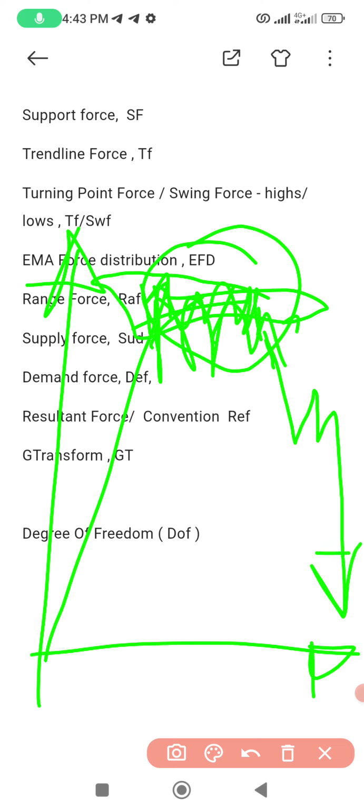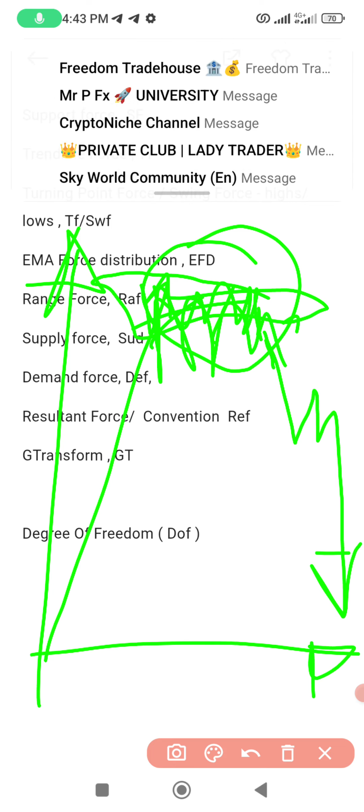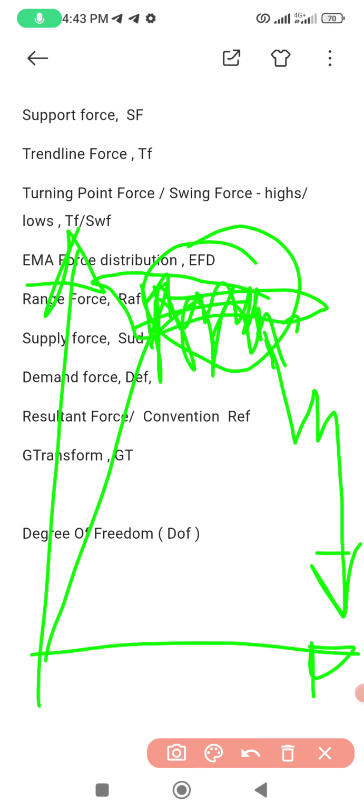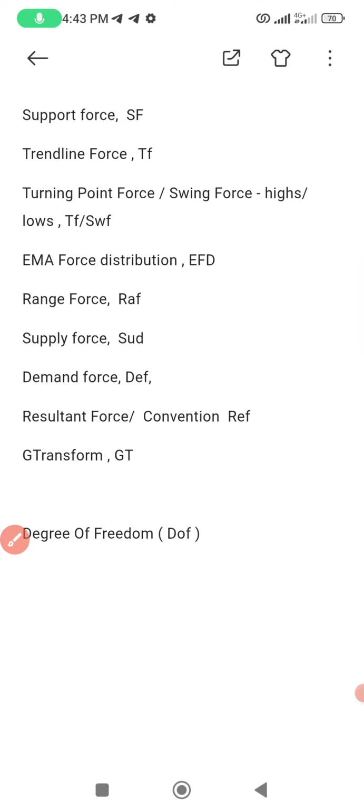So that event that makes the price range, break out of the range and then change direction is called geometrical transformation. So when the swinging sequence changes from higher highs to lower highs, then we talk about geometrical transformation.